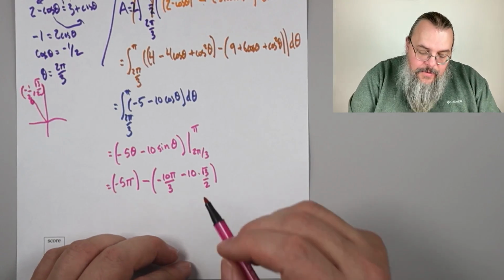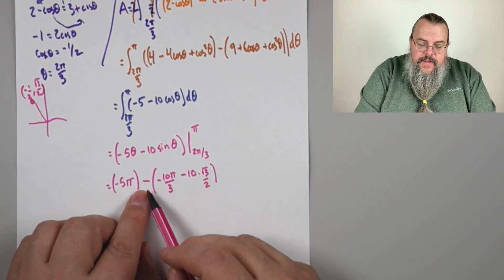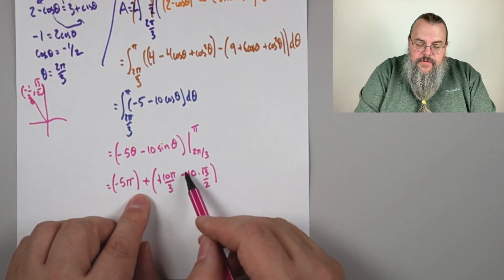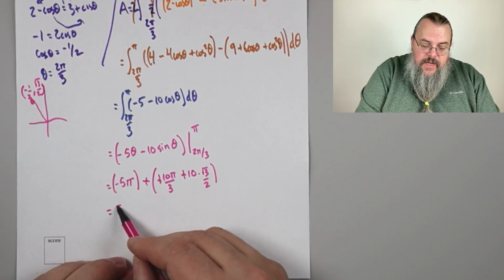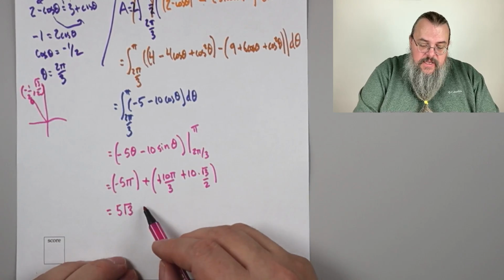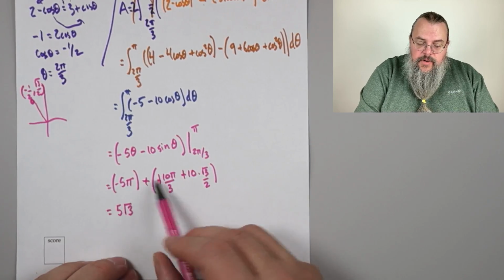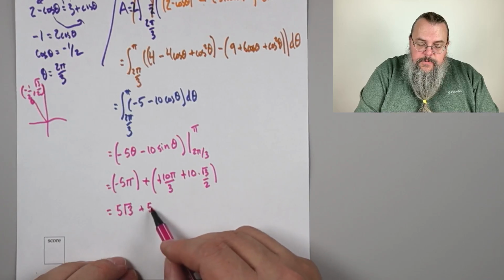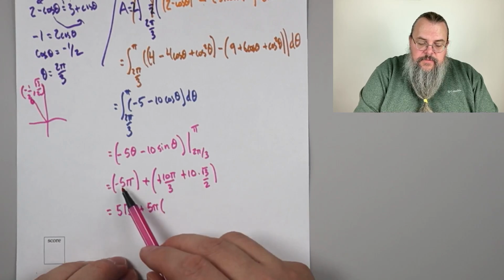All right, well, this minus comes in and becomes everything plus. 10 over 2 becomes 5. So this becomes 5 square root of 3. That's good. That's a positive thing. And then here, well, we have a 5 pi common to both. So I'll factor that out. We have 5 pi. And if we do that, we'll have minus 1.